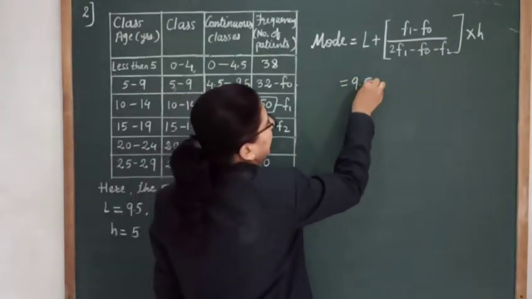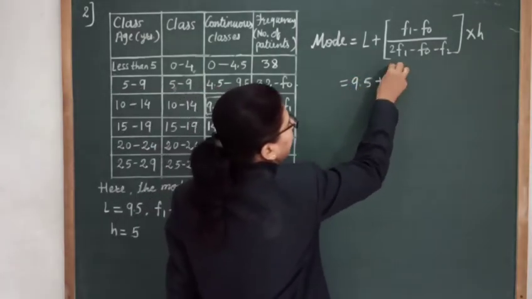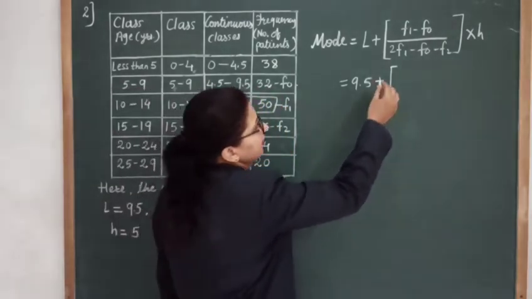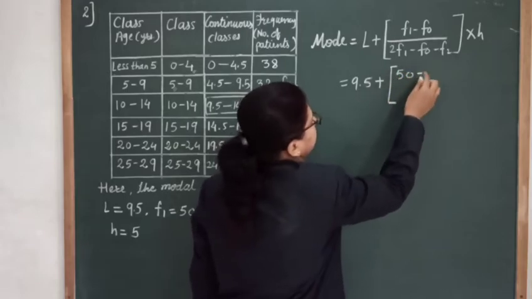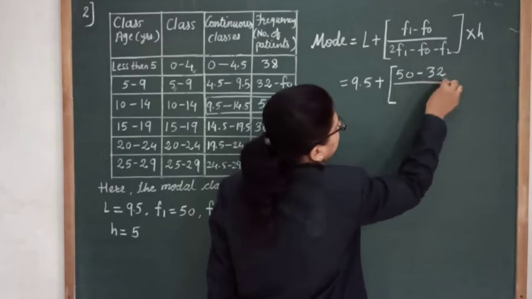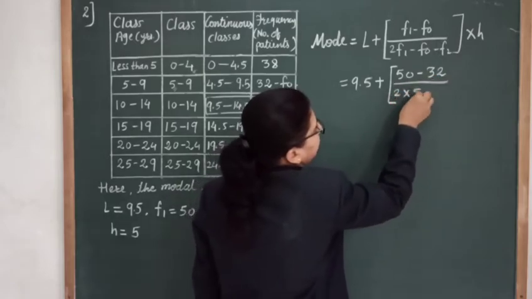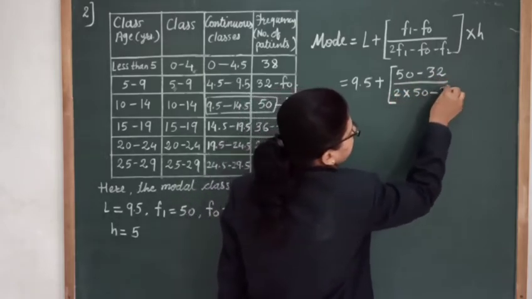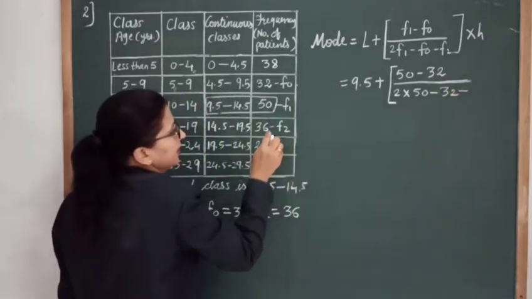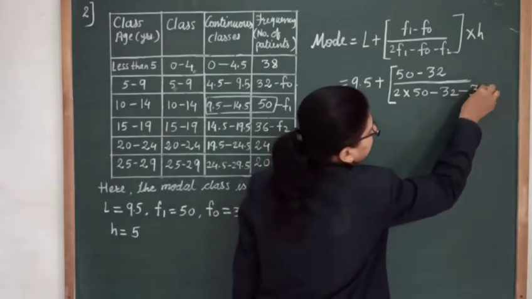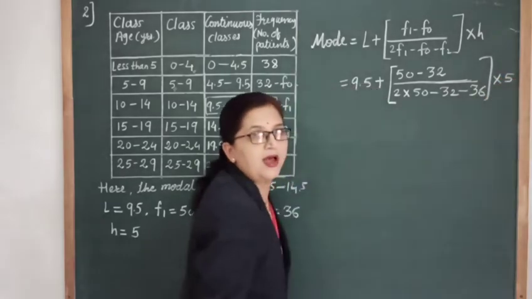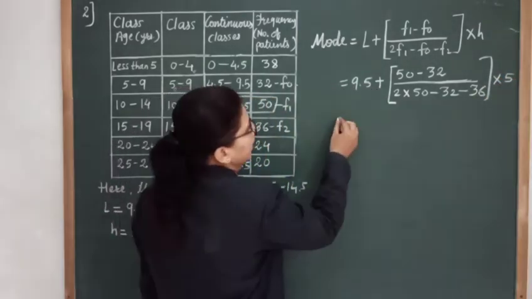Mode is equal to L, that is 9.5 plus in a bracket F1, that is 50, minus F0, 32, then 2 multiplied by 50 minus F0 is 32 and F2. What is F2? 36. Okay, multiplied by h. h is 5. Okay, so we put all the values.